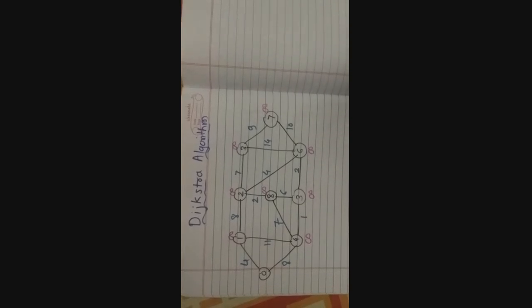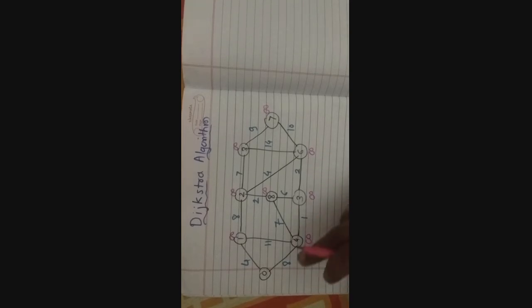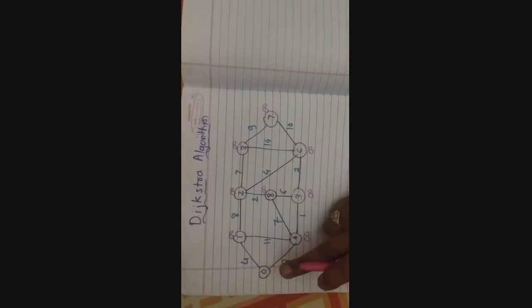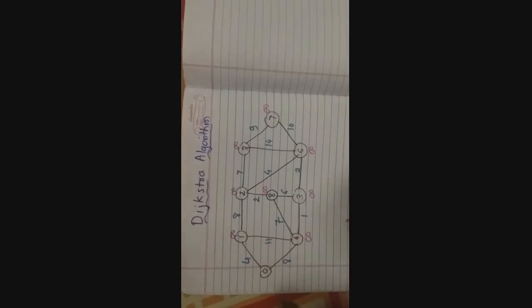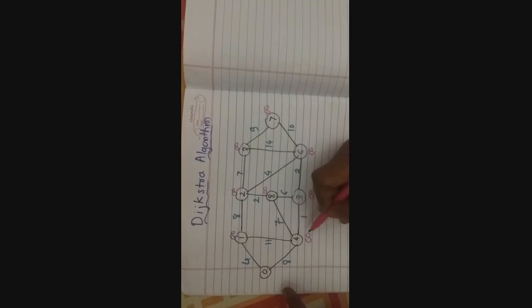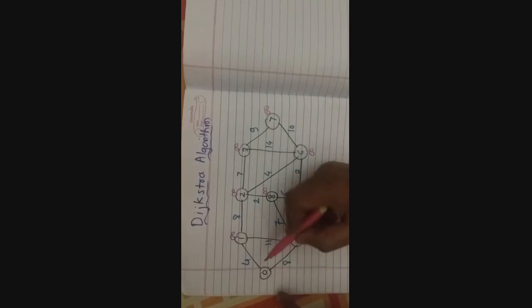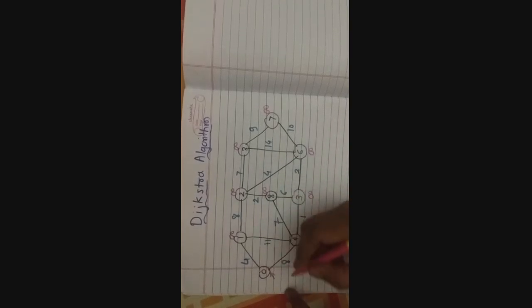Okay, then let's start from vertex 0. Let's check this vertex. From this source vertex, how many vertices are directly connected? Vertex 0 I have selected as the source vertex.